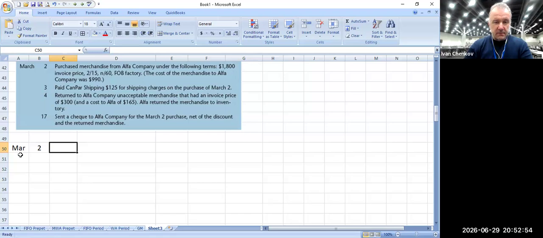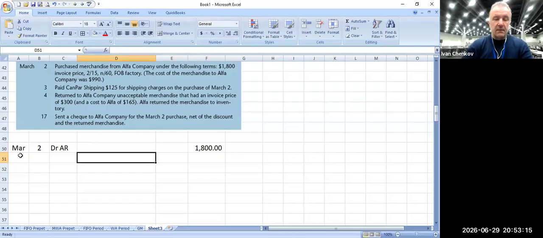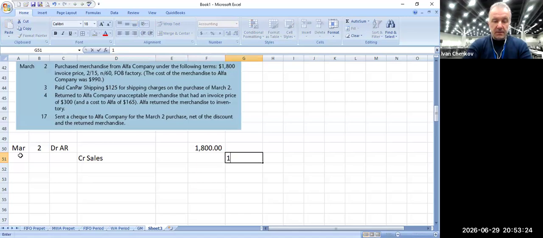The company sold merchandise to the company Beta. So what's happened now? We're going to debit accounts receivable because we're selling merchandise to the client at $1,800 and he's not paying us. And we're going to credit sales with the same amount, $1,800.